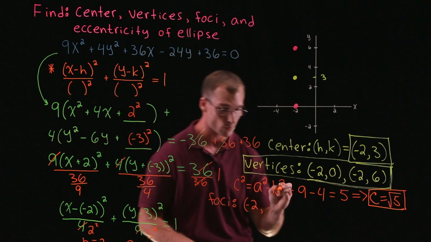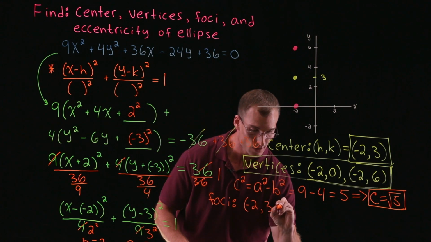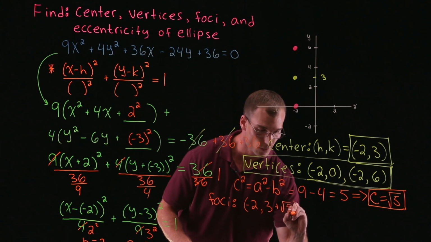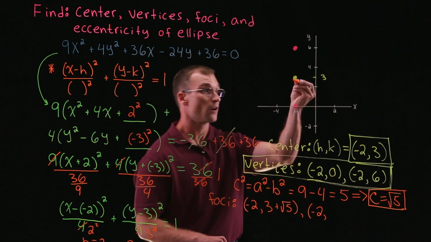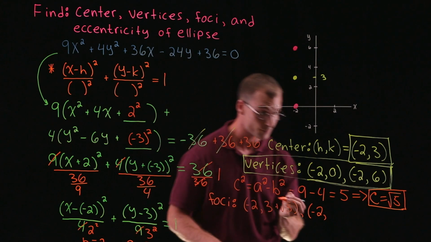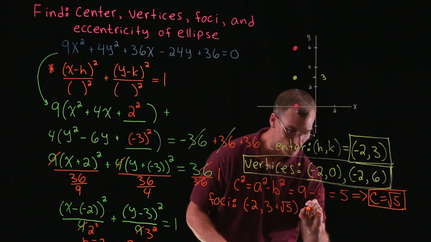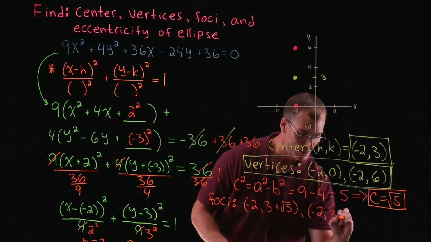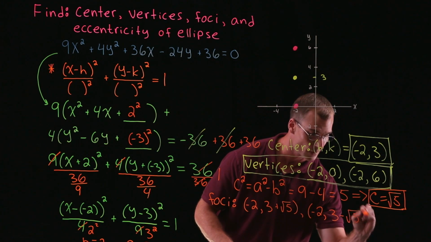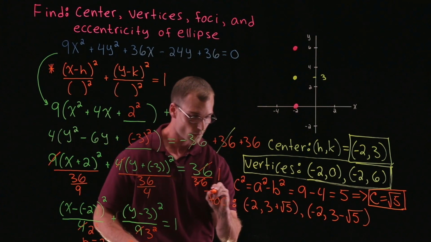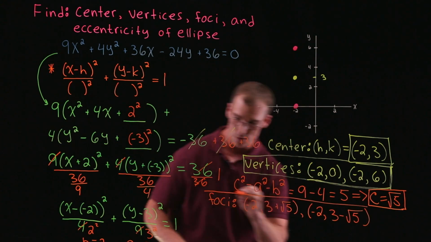We're going to go up square root 5, so 3 plus the square root of 5. And the next point, from the center down the square root of 5: negative 2, and the y value is 3 minus the square root of 5. So there's our foci.